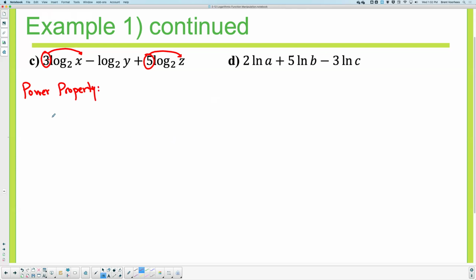So we should end up with log base 2 of (x cubed), and I'm putting that in parentheses because it's not just one term, minus log base 2 of y plus log base 2 of z to the 5th power.